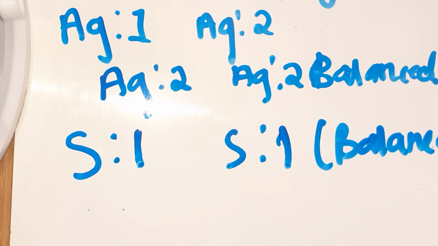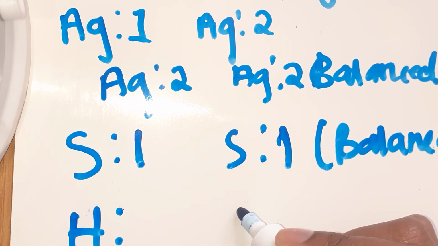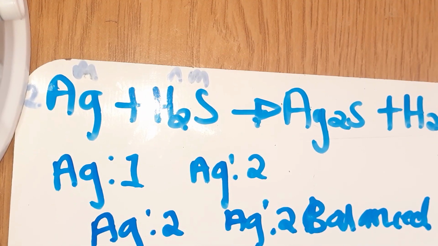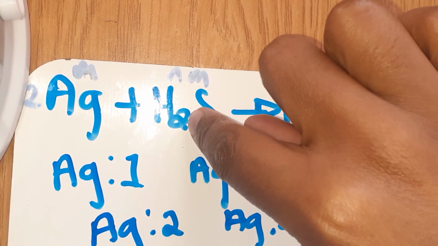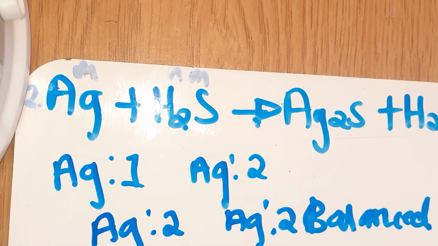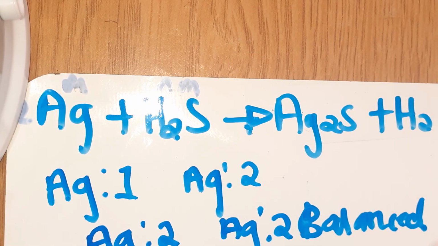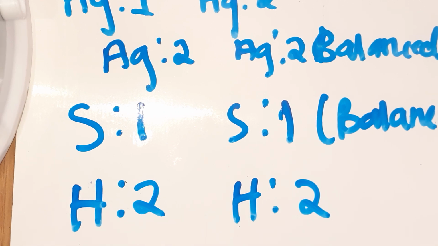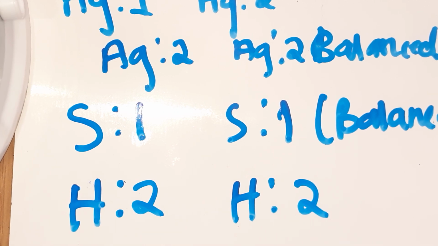Then step 3, we're going to balance hydrogen. And then we're going to look for hydrogen. We have only 2. The coefficient is 1, and this side we have 2. The coefficient is 1, so everything is balancing with 2, right?